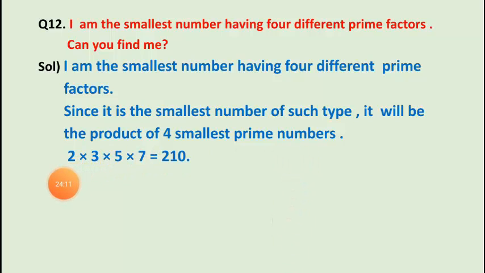The smallest prime number is 2, then 3, then 5, and then 7. These must not be the same; they should be different prime factors. Multiplying them, we find the product is equal to 210. So this is the smallest number having 4 different prime factors.